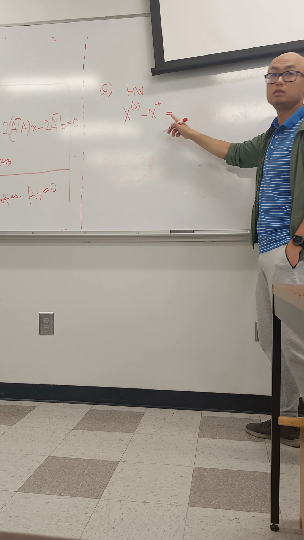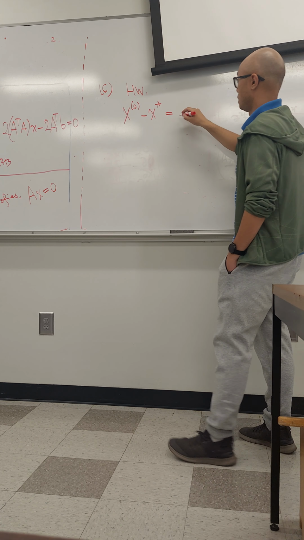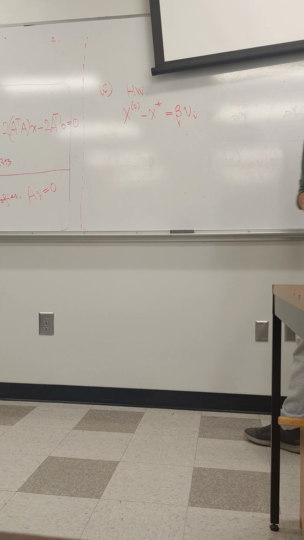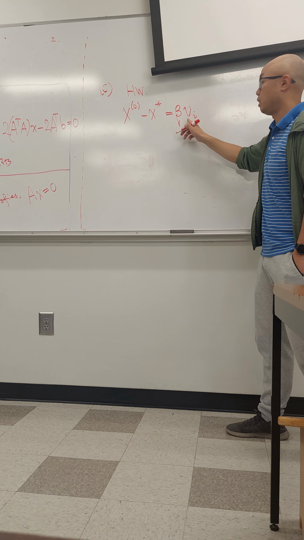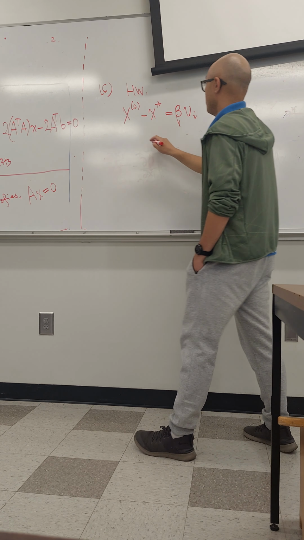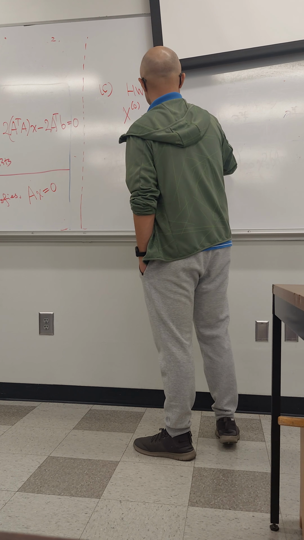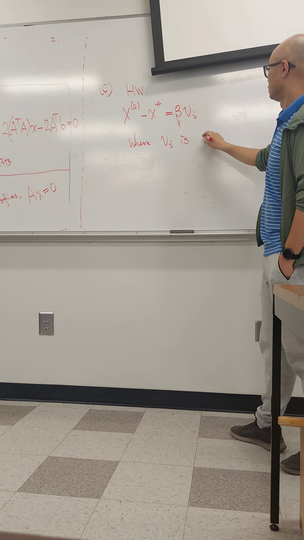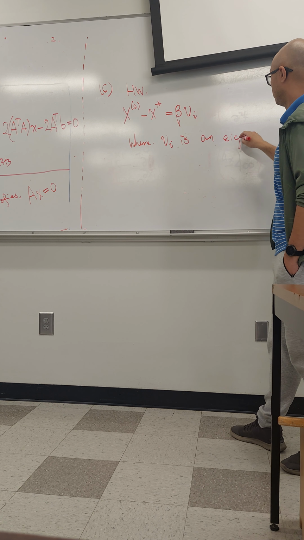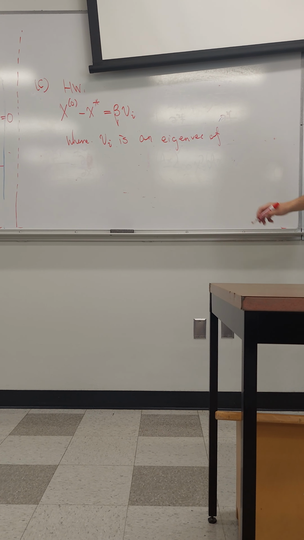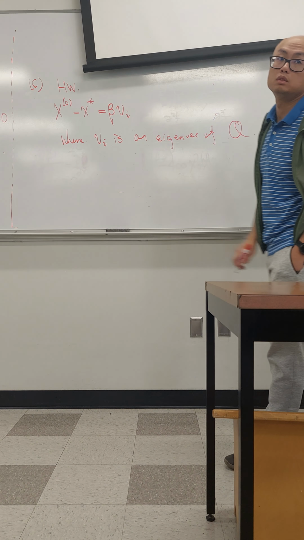If the difference is parallel to one of the eigendirections, where Vi is an eigenvector of Q, what is Q?